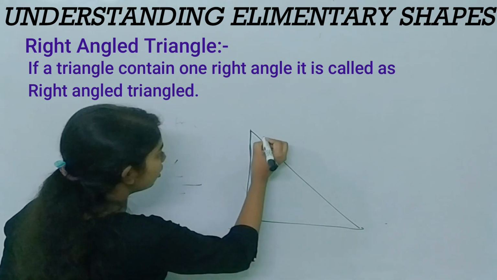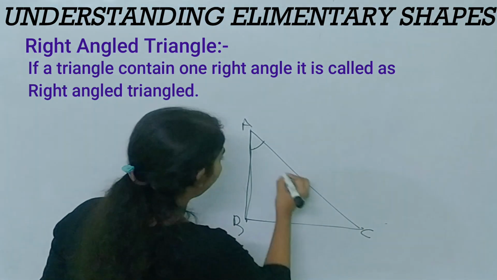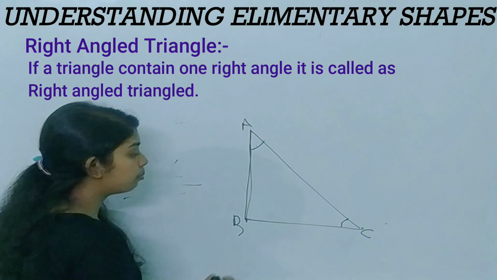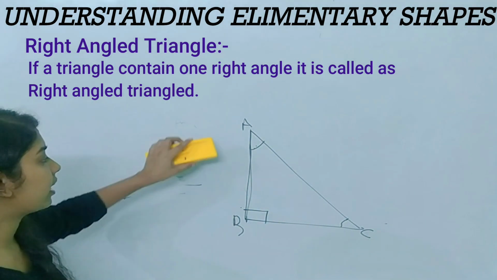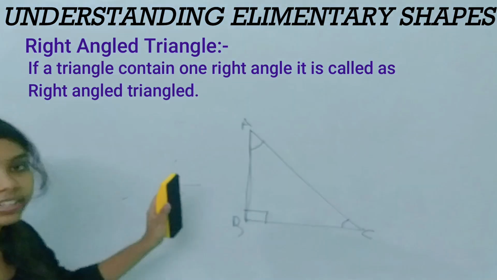As you can see, angle A is an acute angle, angle C is also an acute angle, but angle B is a right angle. So we can say triangle ABC is a right angle triangle.